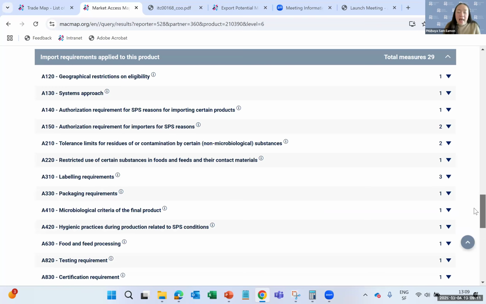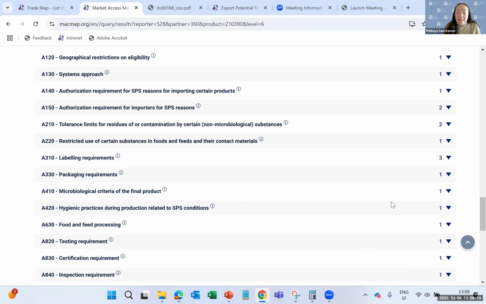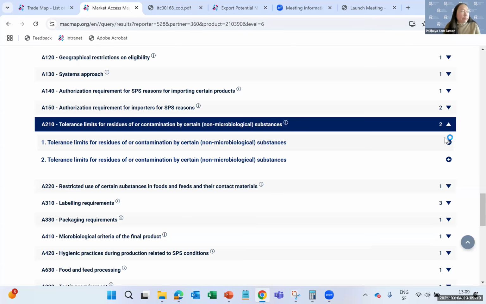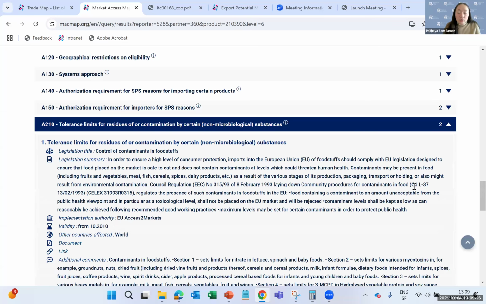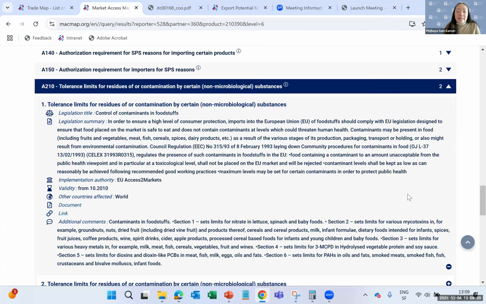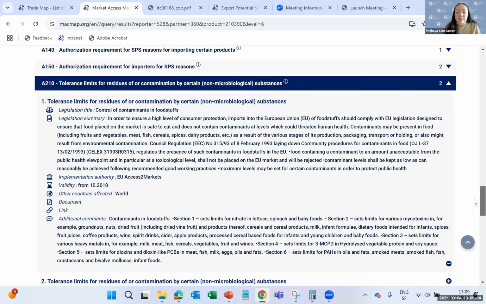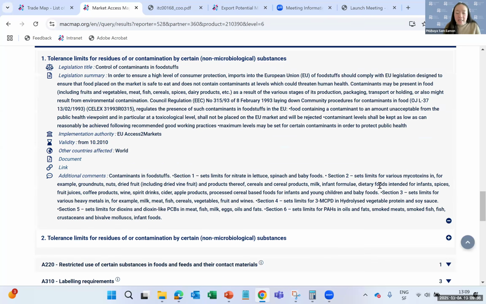If you look at the SPS, which is sanitary and phytosanitary measures, it also talks about the minimum limit of the residues, for example, what goes into your product. You also have to do the testing for microbiological substances. You will need to send a sample of your product, get it cleared, etc., in order to be able to export that product. It sets a limit for various mycotoxins. So all of these have to be compliant.